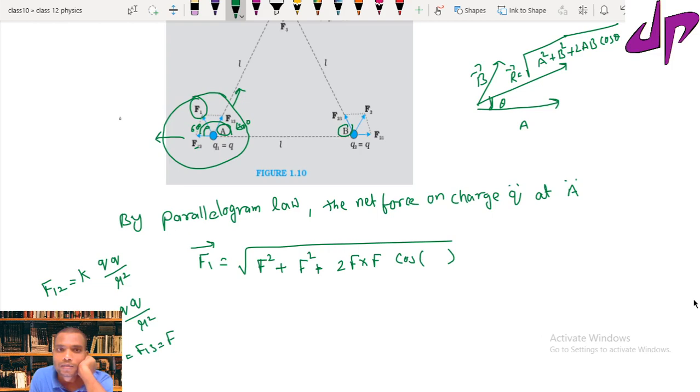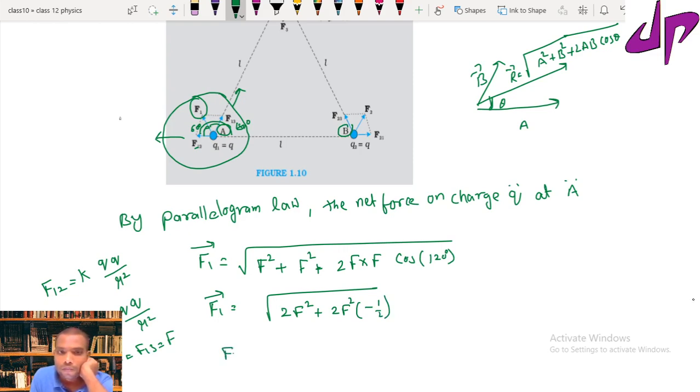So 180 minus 60 degrees, you will get 120 degrees. Now if you solve this, F1 bar equals square root of 2F square plus 2F square times cos 120, which is minus 1 by 2.